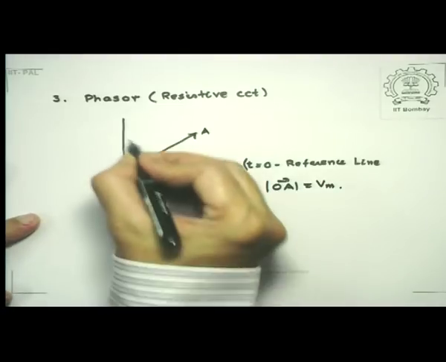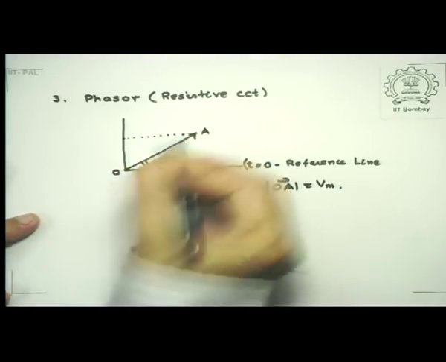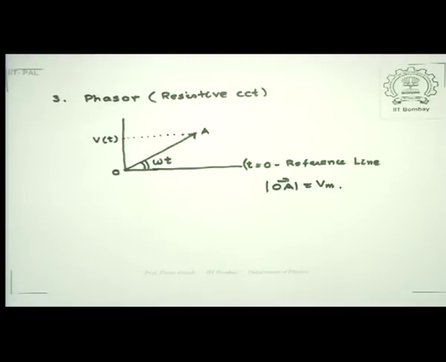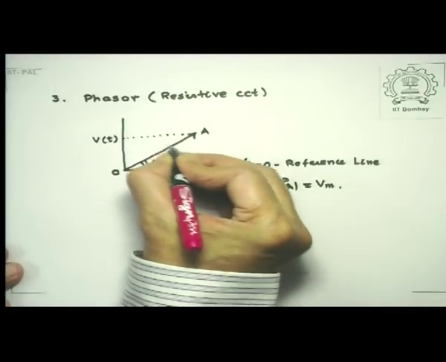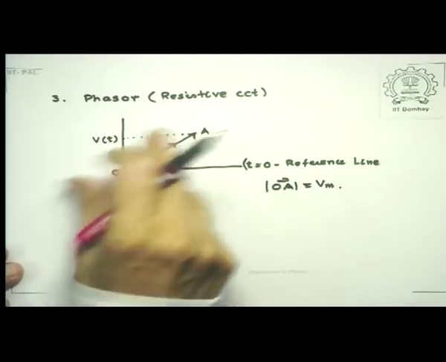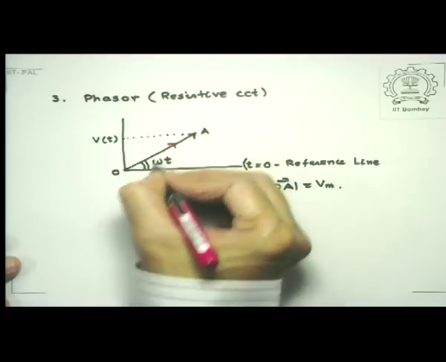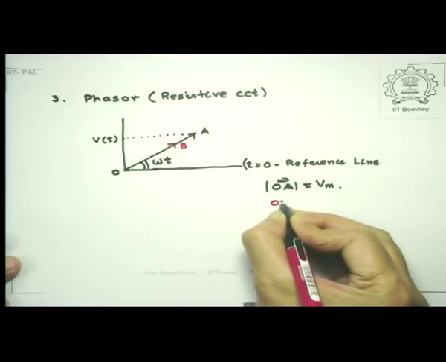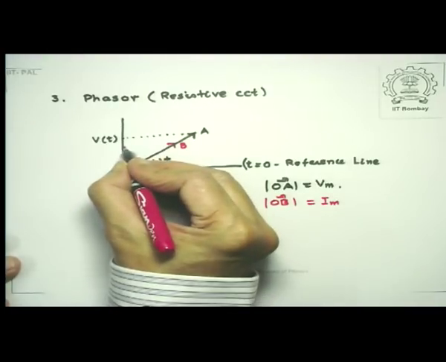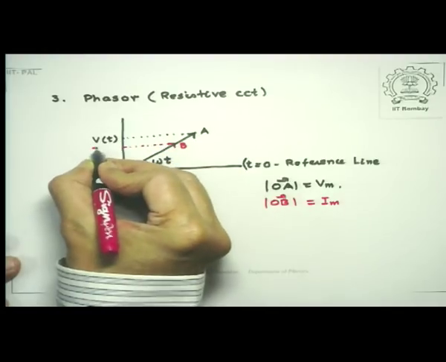and therefore if you take the projection along the y-axis of this quantity, this gives you the instantaneous value of the voltage. Now since the current is in phase with the voltage, and I know that the current and voltages are measured in different units, in whatever scale we measure I, that's of course ampere, suppose this is OB, the magnitude of the current amplitude, then if you take the projection along the y-axis, this gives you I of t.